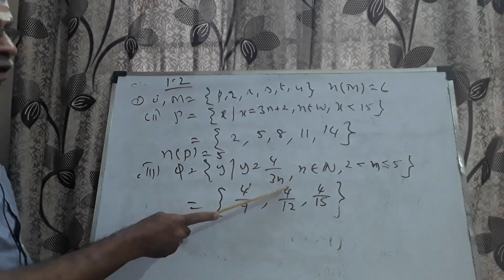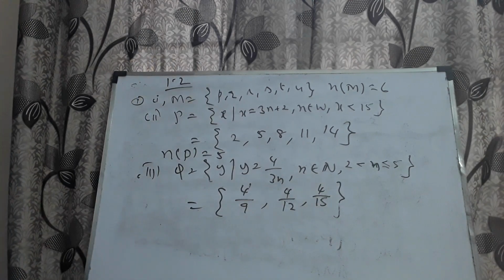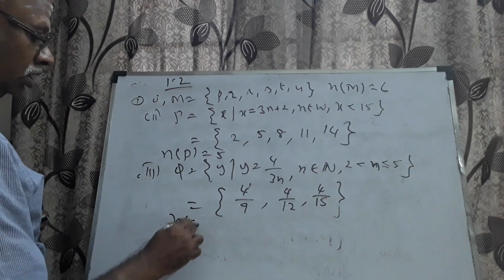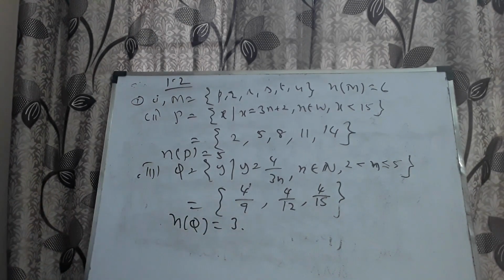When n equal to 4, it is 4 by 12. When n equal to 5, it is 4 by 15. These are the elements. I am supposed to write the number of elements: N of Q here is 3. You please check once again.